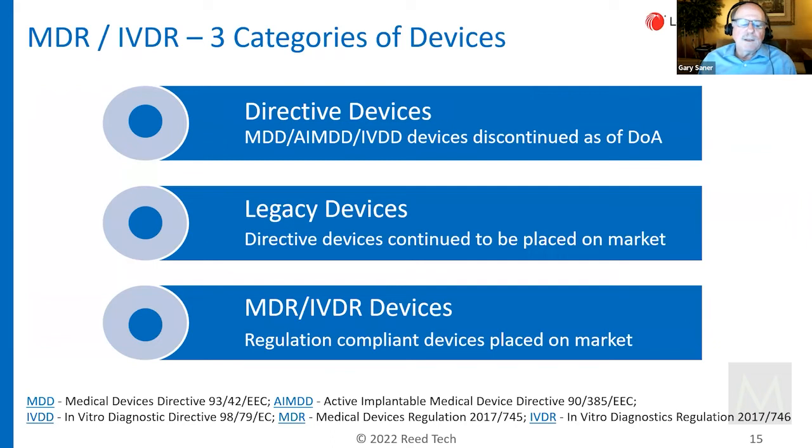One of the other aspects and differences when you move to the European Union is to understand your portfolio might actually fall into three different buckets, as I refer to them, three different categories. You might have products that were placed on the market under a directive, and now, as of the date of application of a particular regulation, you don't sell them, or you don't place that product anymore.